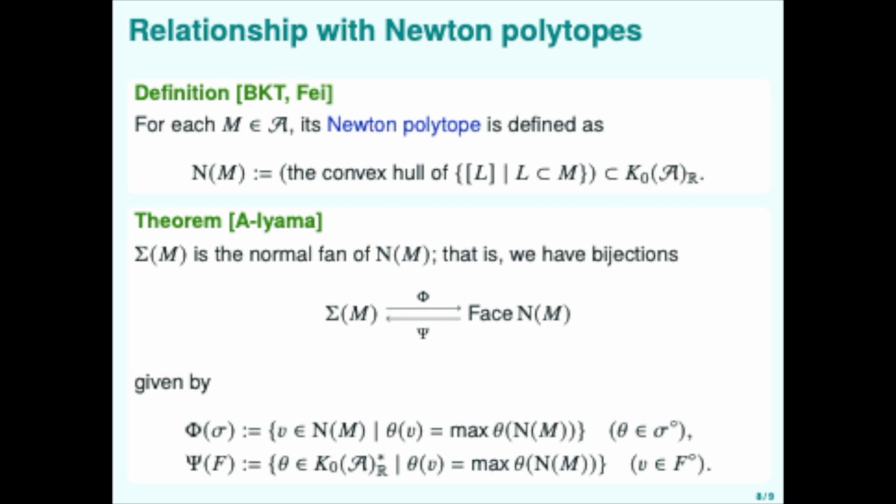That means we have bijections between sigma M and the set of non-empty faces of the Newton polytope. To define these bijections, we use the maximum value of theta on the Newton polytope N M.